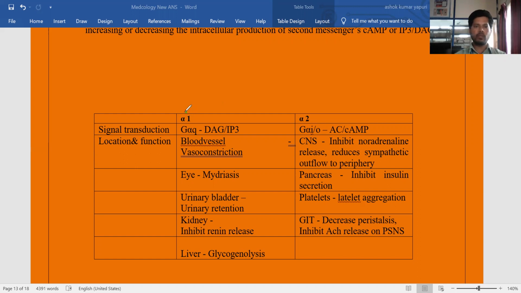Regarding the alpha 1 adrenergic receptor, the signal transduction is G alpha Q, especially DAG and IP3. As I mentioned in the receptor pharmacology, signal transduction is responsible for the switch on or off mechanism of the receptor. If the receptor is to promote its action or shut down its action, it depends on the signal transduction.